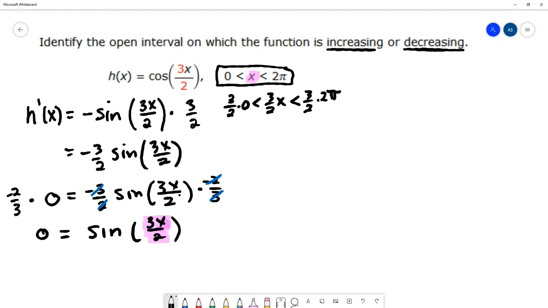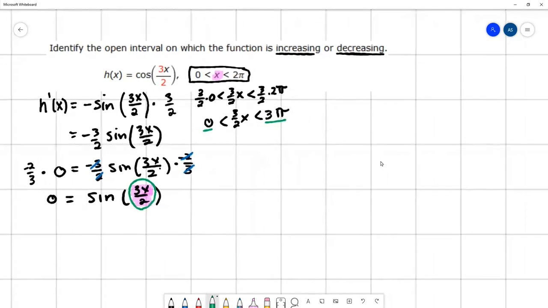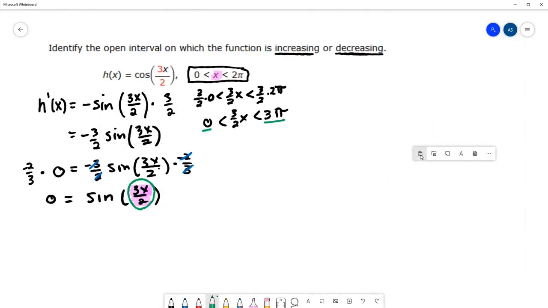So this gives us 0 is less than 3 over 2 x is less than 3 pi. So we know that our angle inside of sine can be anywhere from 0 to 3 pi. So let's take a look at our unit circle and now solve this from 0 to 3 pi.